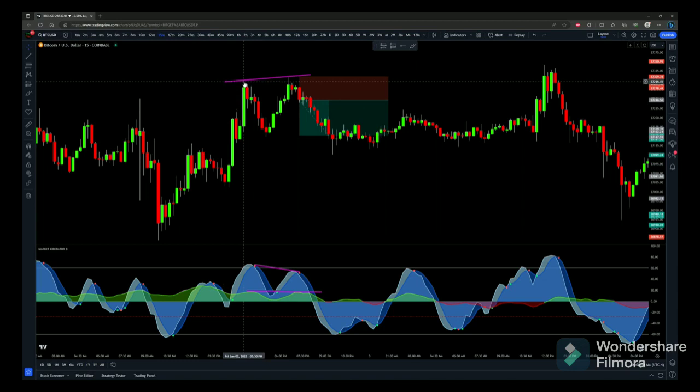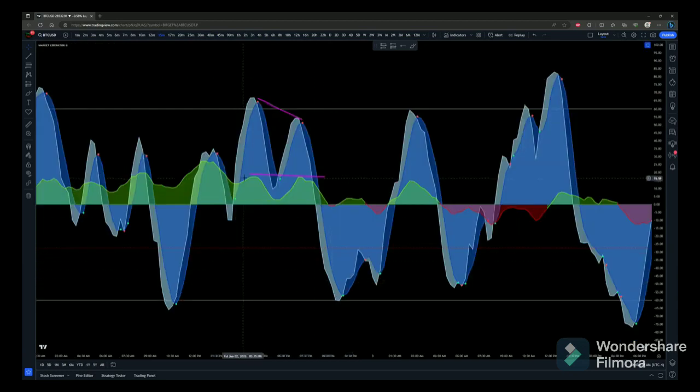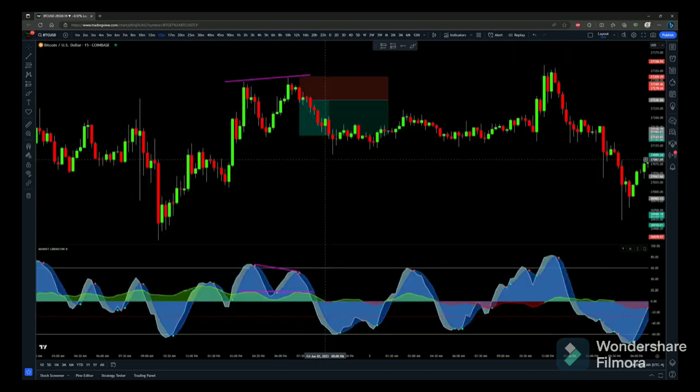So price makes a higher high, but at the same time, we get green wave making a lower high. So we can see that here, lower highs on green waves, and that is confirmed. So once we have that, we're looking for a lower high cross down on our blue waves, okay? So we get that right here, lower high cross down on the blue waves. That's our entry signal, okay?